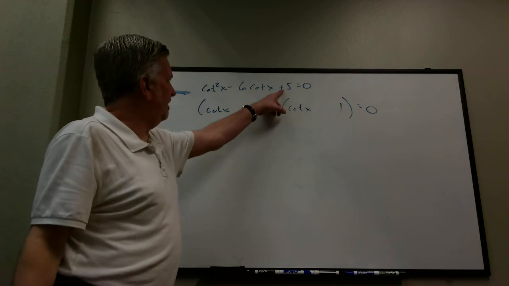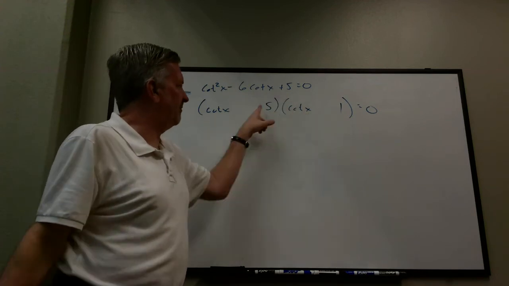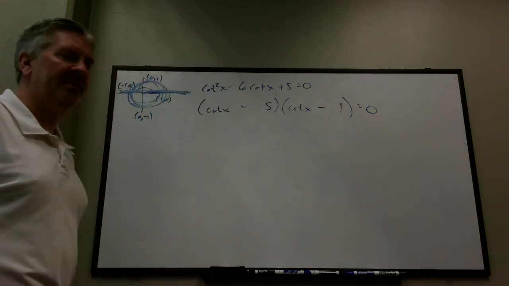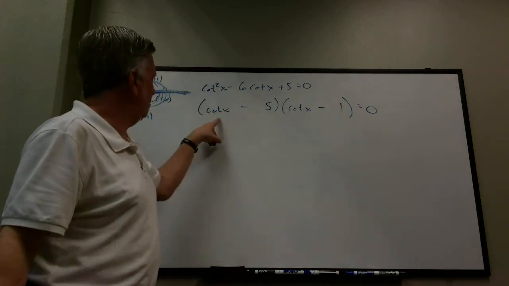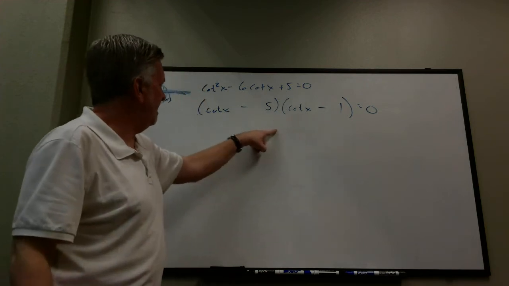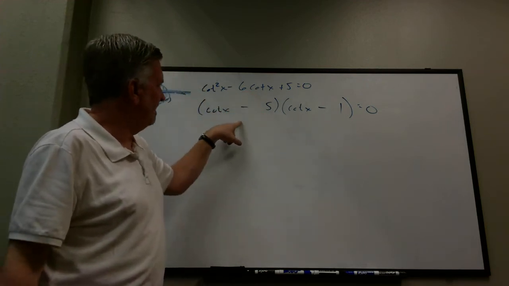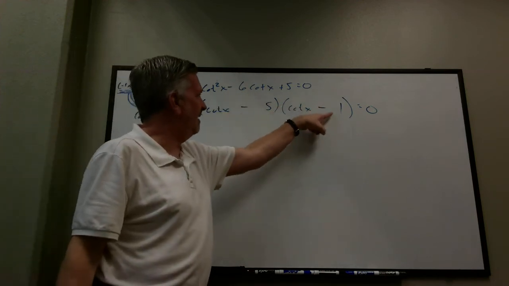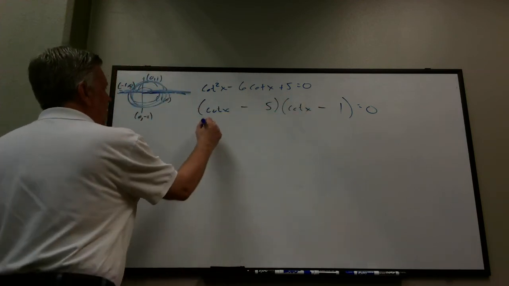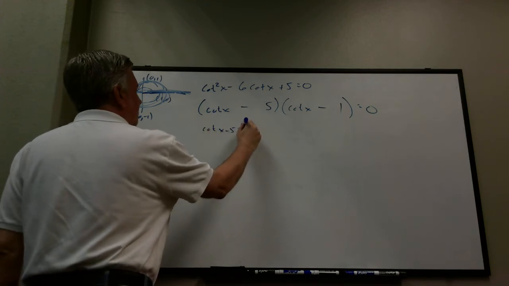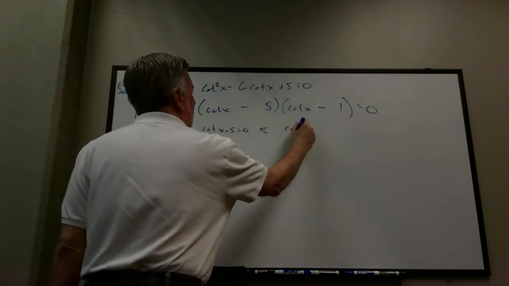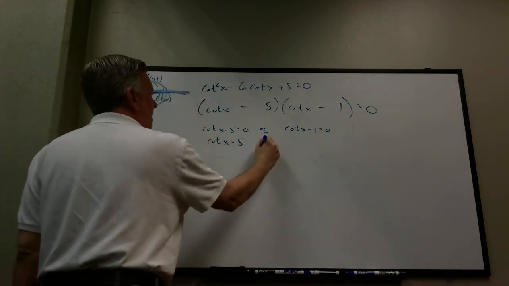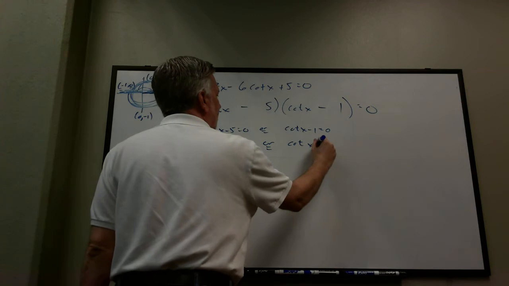Since this is a plus, they're either both positive or both negative, but I have a negative there, so the only thing that could possibly work is that. So let me see if it does work. I have a cotan squared, negative cotan x, negative 5 cotan x, and negative cotan x and negative 5 cotan x is negative 6 cotan x, negative 5 times negative 1 is 5. Okay. So either cotan x minus 5 is 0, or cotan x minus 1 is 0. That gives me cotan x is 5, or cotan x is 1.